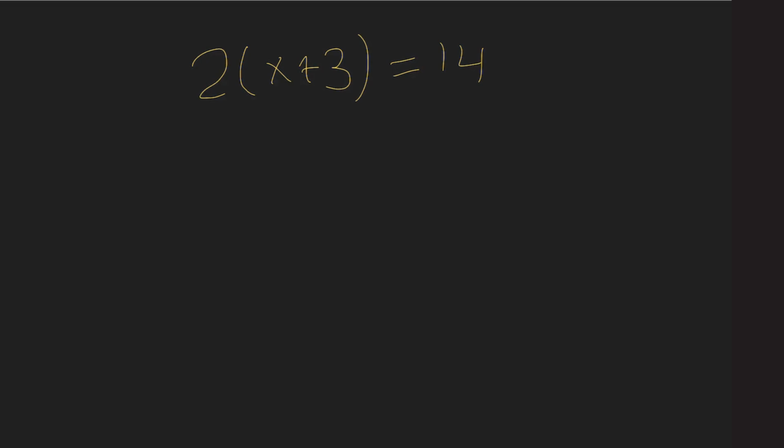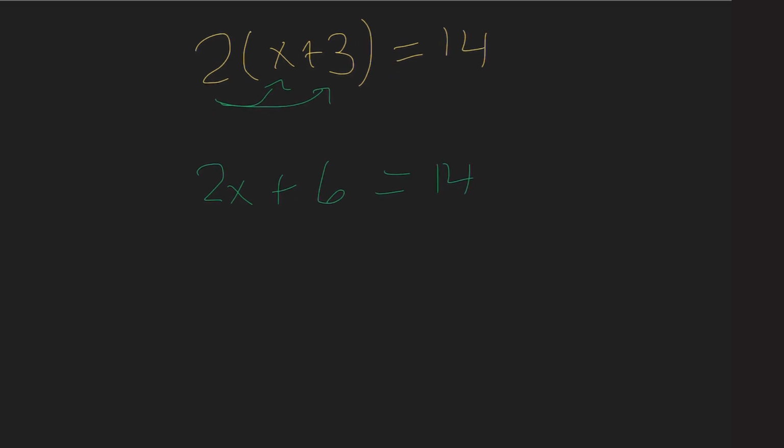So that would be 2 times x and 2 times 3. 2 times x equals 2x, plus 2 times 3 equals 6. So we distributed and we get 2x plus 6. Now we have to solve it like a two-step equation. So let me add the equals 14 here so it's easier to understand.